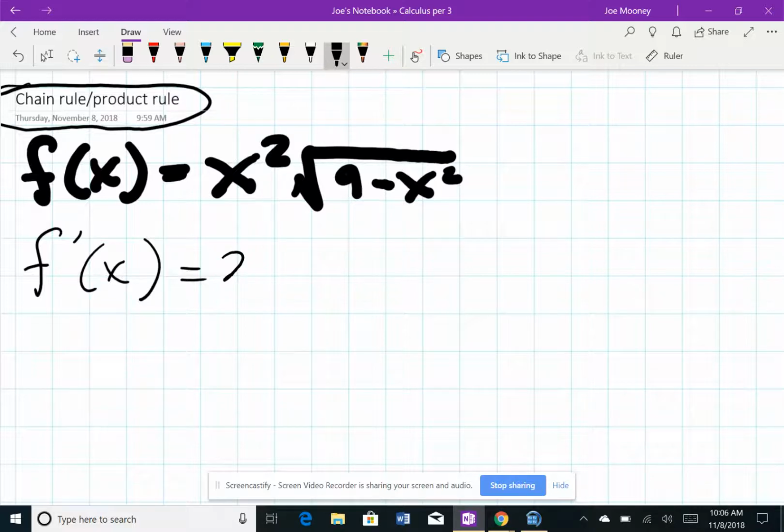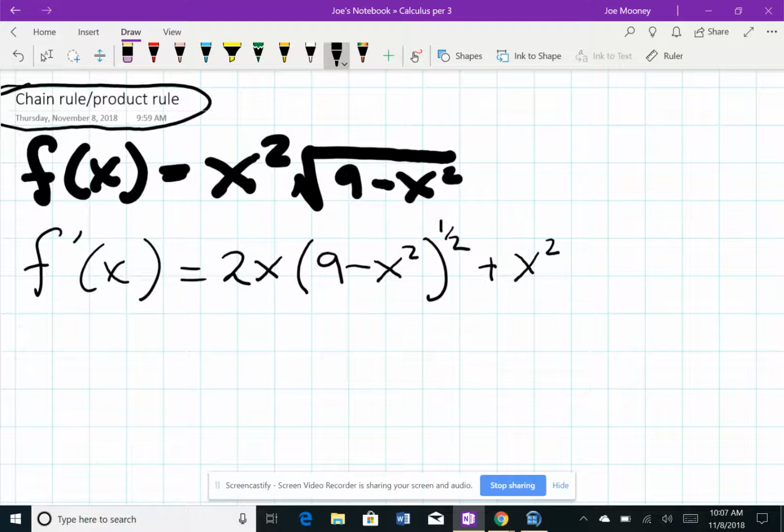So let's derive the first, which is 2x. We're going to leave the second. I'm going to need it as a rational exponent, a fractional exponent. So I'm just going to convert this. I'm doing nothing other than just rewriting it. So I've just rewritten the second term, but I haven't derived it. So I did derivative of the first, leave the second, plus now I'm going to leave the first and do the derivative of the second.